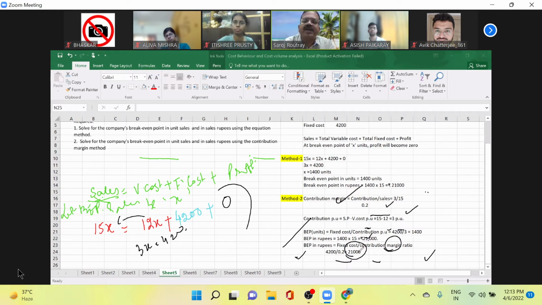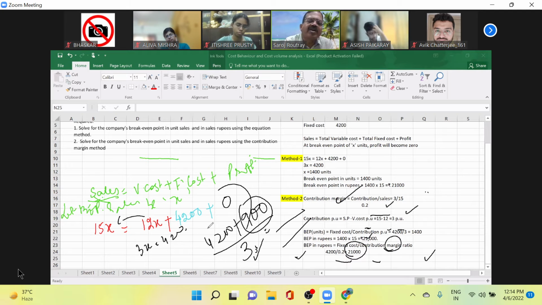Okay, now if I would have profit, I said 4,200 is my fixed cost. If I want to have a profit of 900, I will add 900. Then divide by the contribution per unit or contribution margin ratio. If I take unit, then I will get number of units. If I take contribution margin ratio, then I will get total sales value. Okay, so 4,200 plus 900 divided by 3.